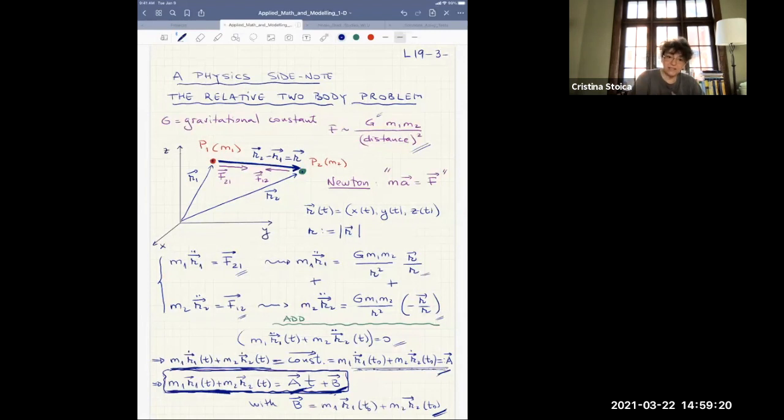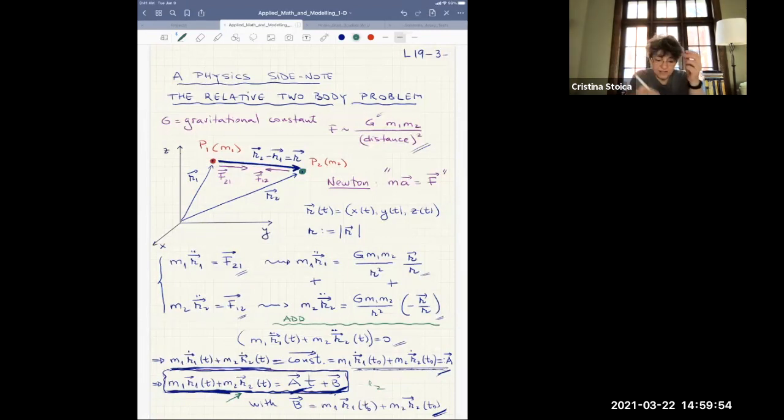So why is this useful? Well, if I know R2 somehow, then R1 will be At plus B minus R2. So it's sufficient to know one to know the other. Or it's sufficient to know the difference between them, which I called the vector R, the relative distance.